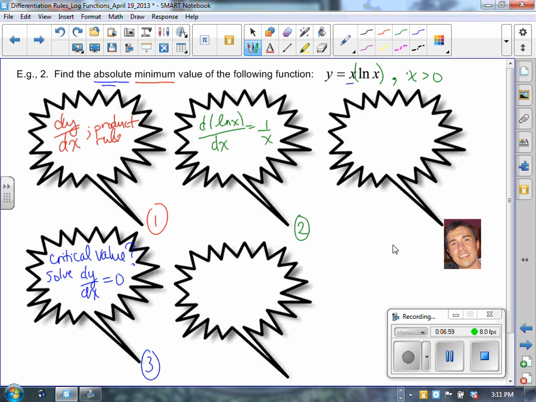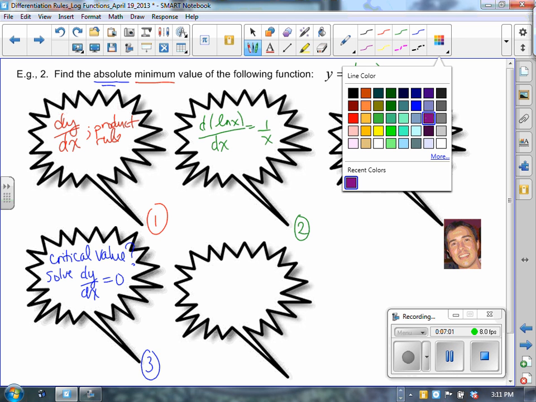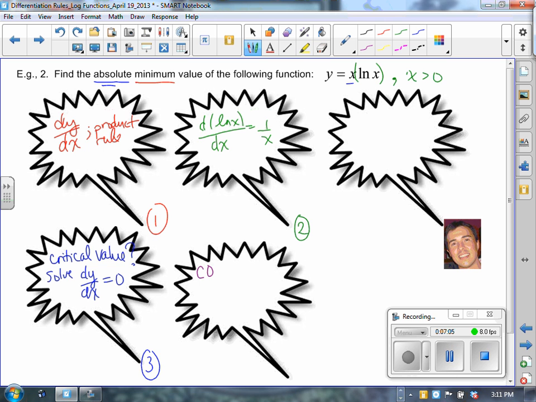What we would do is we would then go after the y value. Okay, so we need the corresponding y value to the solution that we just came up with. So to the solution of dy by dx equals 0. Okay, we're going to need that.